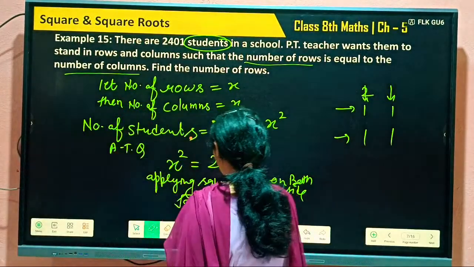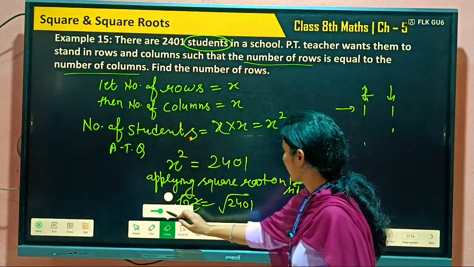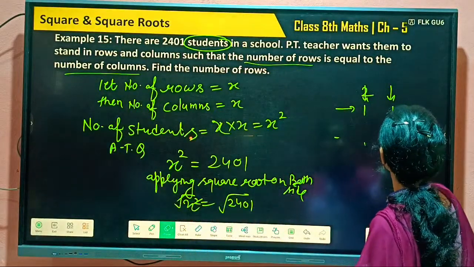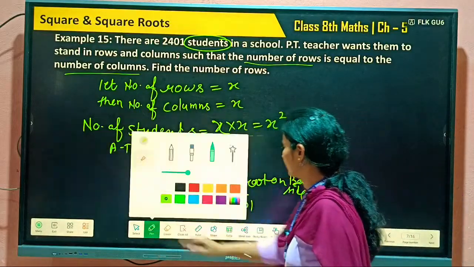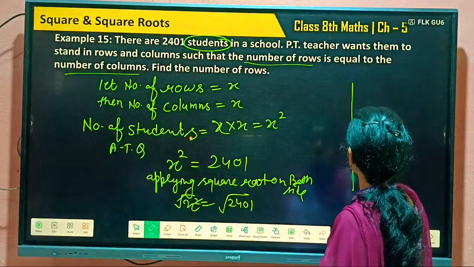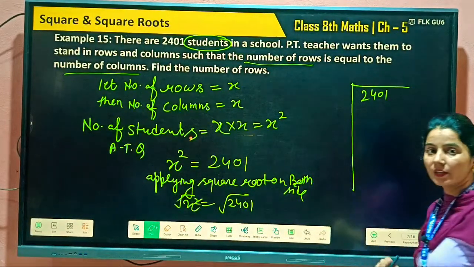Now we have to find the square root of this number, 2401. Let us do this by the division method.